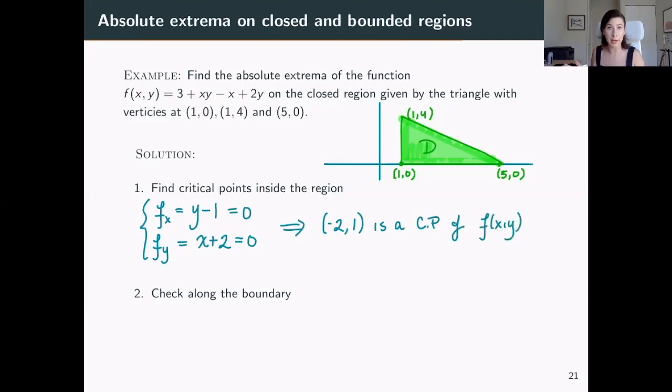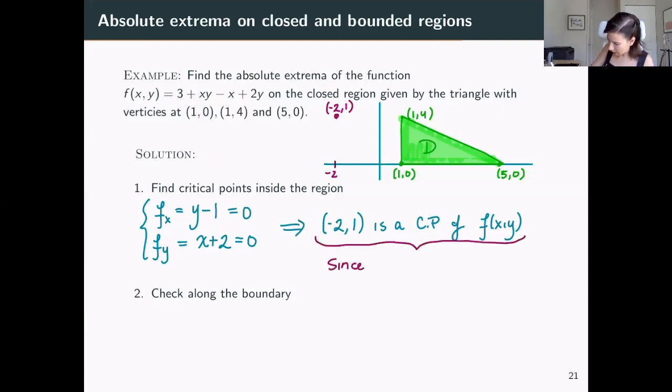Here we can see that this point is actually outside of our region. Since (-2, 1) is not inside of D, we can discard it.